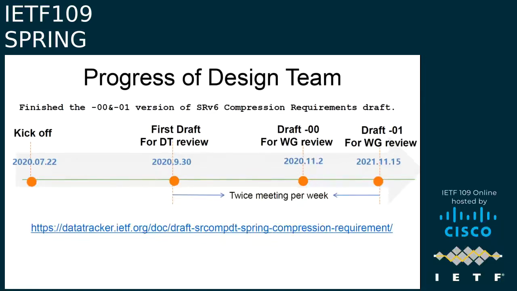The link is shown on the page. You can review the requirement draft. We call for comments on that, and I've seen quite a few comments on the mailing list. I think we will resolve the comments as soon as possible. Next page.